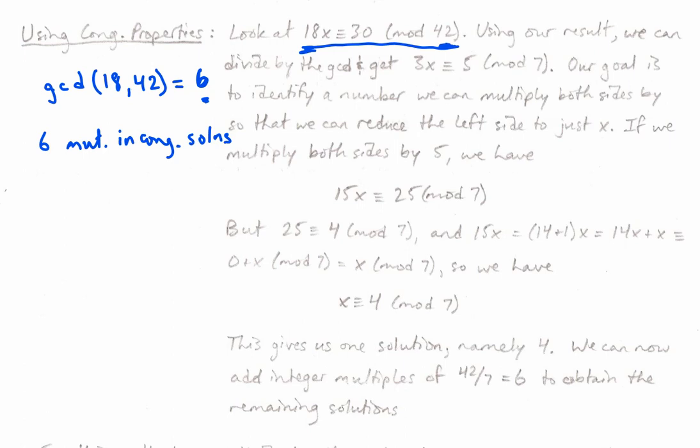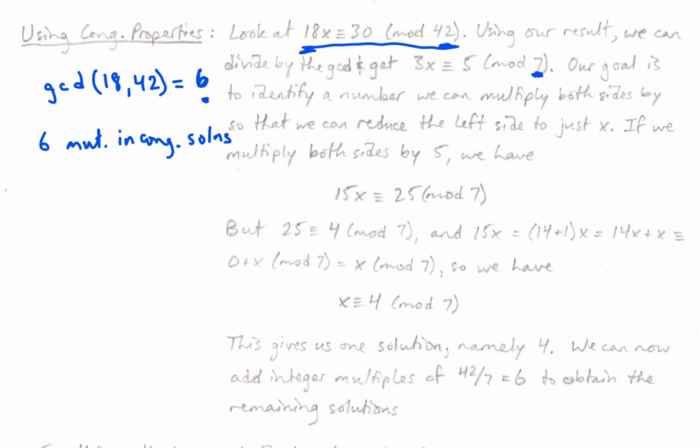And pay special attention and note that n value, the n value that we were given to start with divided by our GCD, because we're going to be coming back to that at the end of this problem to help us figure out the rest of our mutually incongruent solutions. We're going to find one of the 6. We're then going to use this number here, that 7, to help us find the other 5.